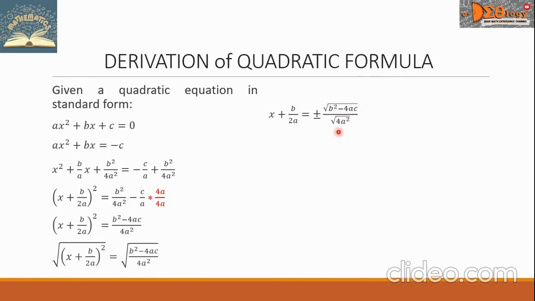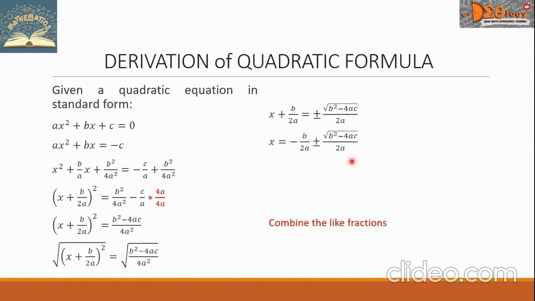Take note that the 4a squared in the radicand is a perfect square. We can simplify this expression into 2a. And then we will transpose the constant b over 2a to the right. So from positive, it becomes negative. And then let us combine the fractions of the right side.